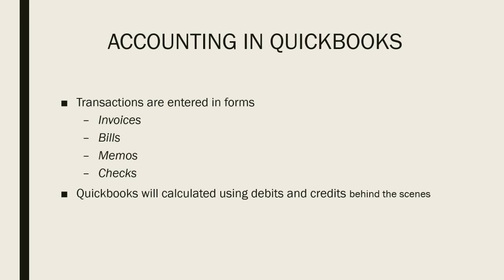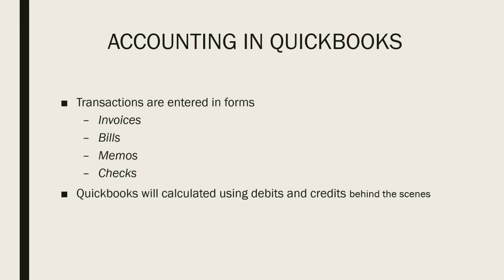All right. So accounting in QuickBooks. Again, I've said this like a million times: the accounting will be done behind the scenes. We're entering in everything as if the transaction is a single entry transaction.